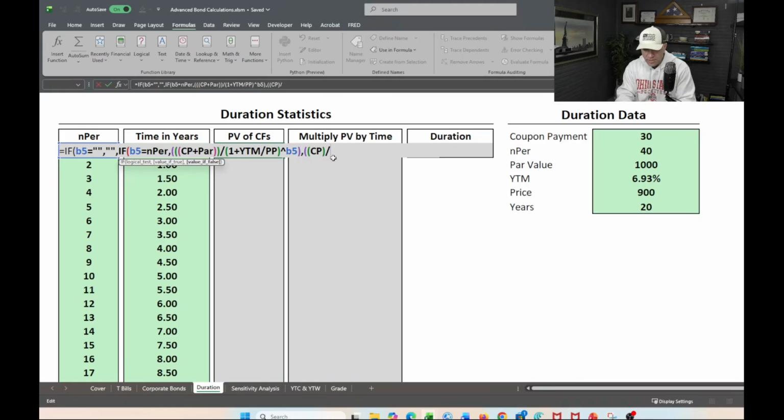similar to what we just did, I'm going to hit bracket again. 1 plus the yield to maturity. Same thing we did. I want to find the interest per period, so I'm going to divide it by the PP, periodic payment, and then do it to the power of B5.